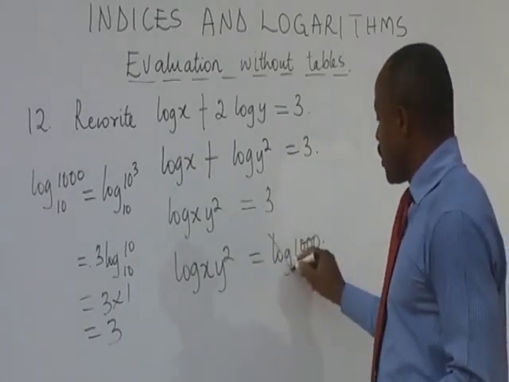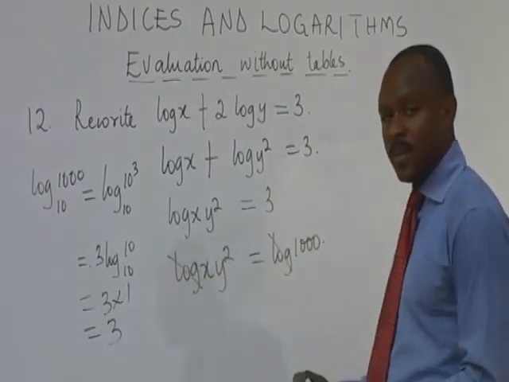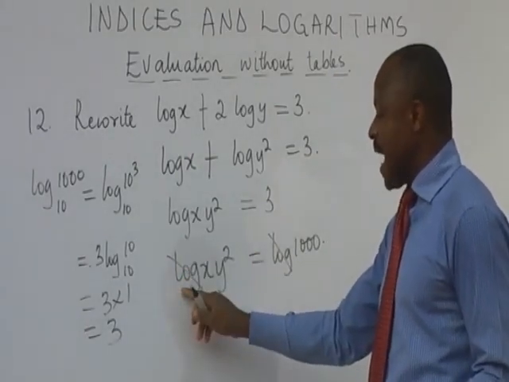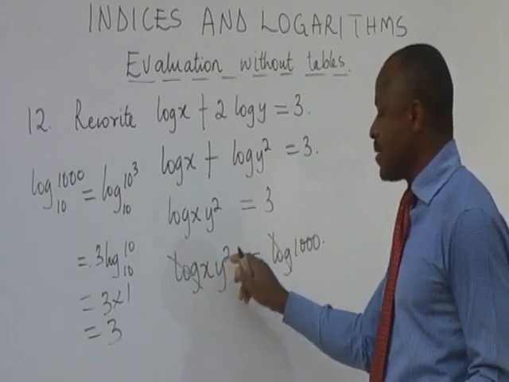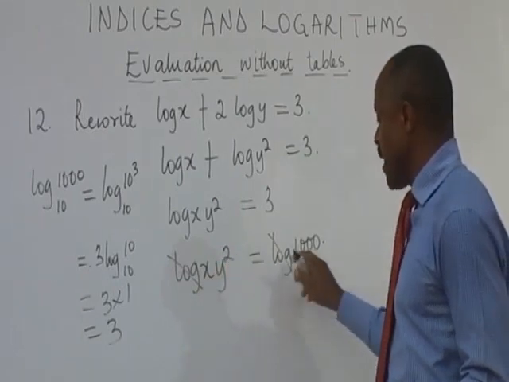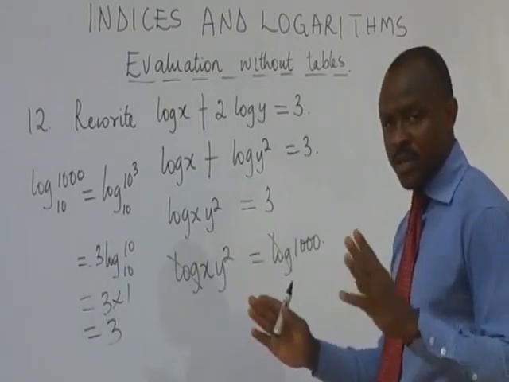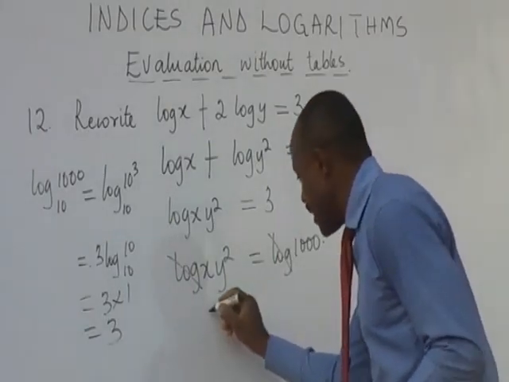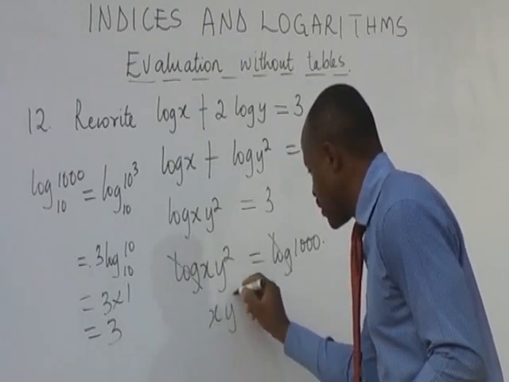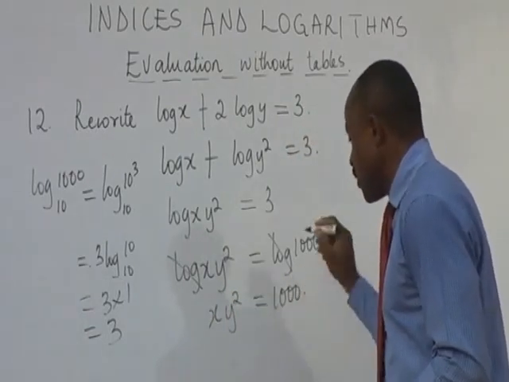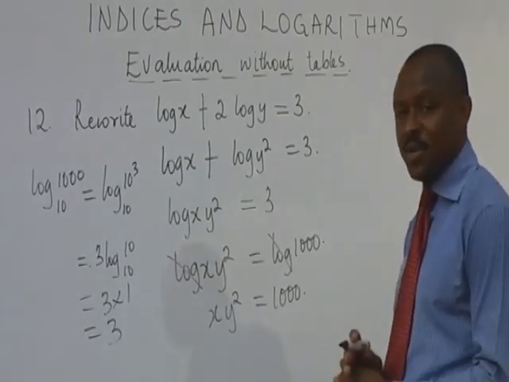You can remove log from both sides, just like saying b times x y squared is equal to b times 1000. You are free to remove the b, which is common to both sides of the equation. We now have x y squared is equal to 1000 as the answer to the question.